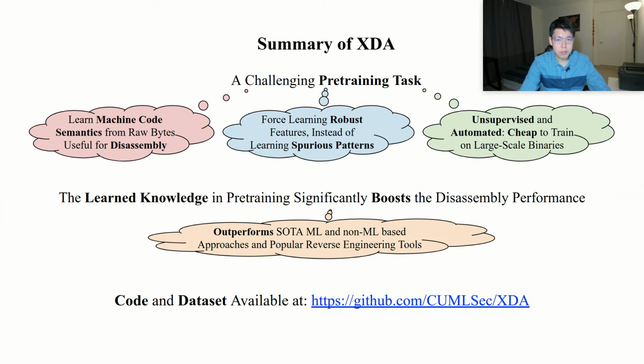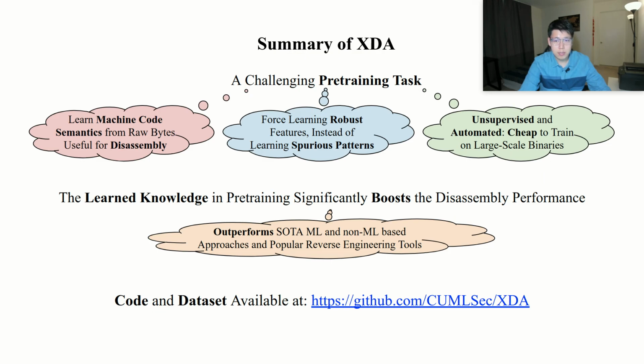In summary, this paper introduces XDA, a new disassembler based on transfer learning. It introduces a novel pre-training stage to train the model to learn machine code semantics before training it to perform downstream disassembly tasks. We have intuitively and empirically shown that such a pre-training strategy helps the model learn effective and robust features instead of learning spurious and brittle patterns.